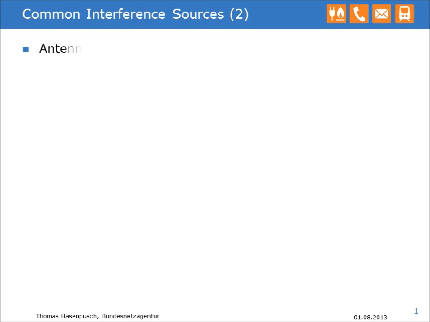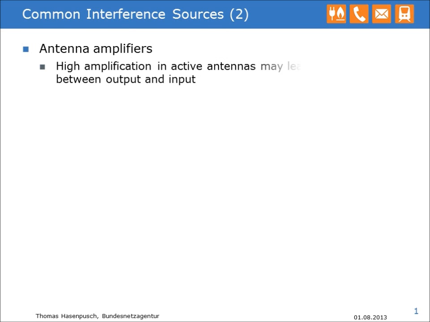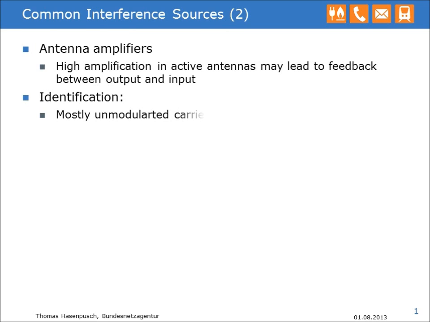Another common interference source is antenna amplifiers. The high amplification of active antennas sometimes leads to a feedback from the output to the input. So they can radiate, and that can go into the UMTS band. Mostly these are unmodulated carriers, but if we use AM demodulation, you can usually hear 50 or 100 hertz humming.